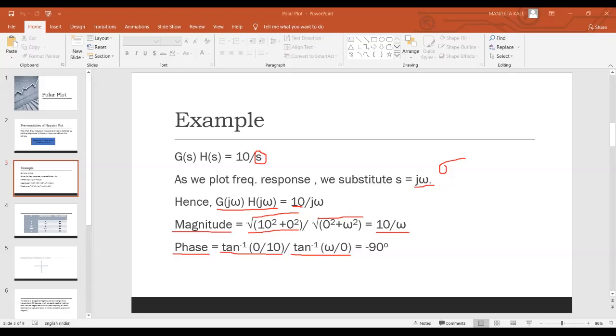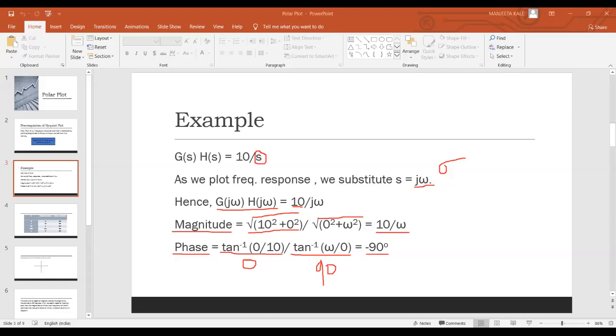For the denominator, the real part is 0 and the imaginary part is omega, so tan inverse of omega by 0. The numerator comes out to be 0. Tan inverse of 0 is 0 degrees and tan inverse of infinity is 90 degrees. So we have 0 minus 90 degrees, which comes out to be minus 90 degrees.